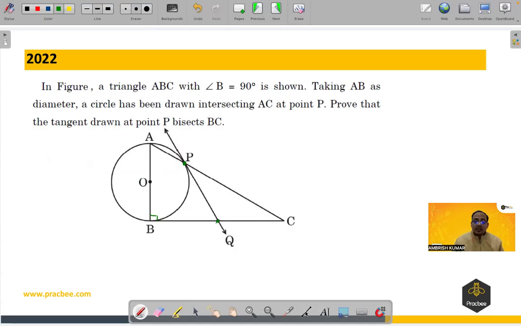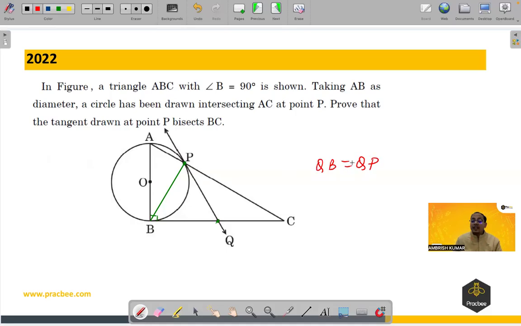So look what we can do here. You join this P with B. Okay. Now see, QB is going to be equal to QP. Clear?